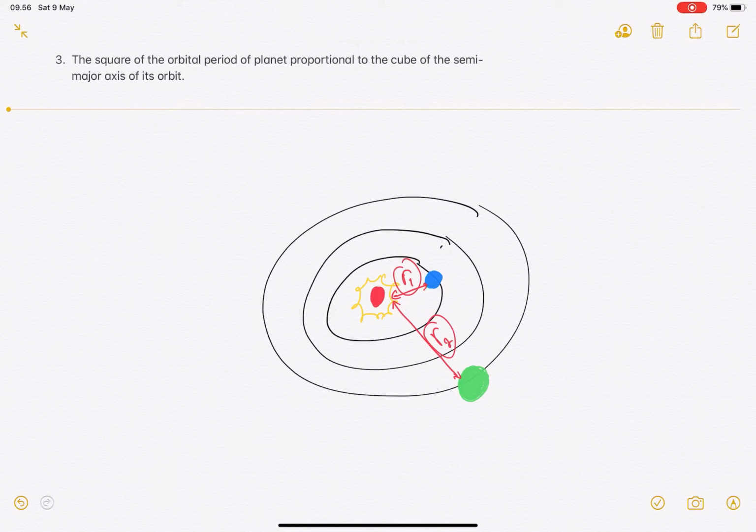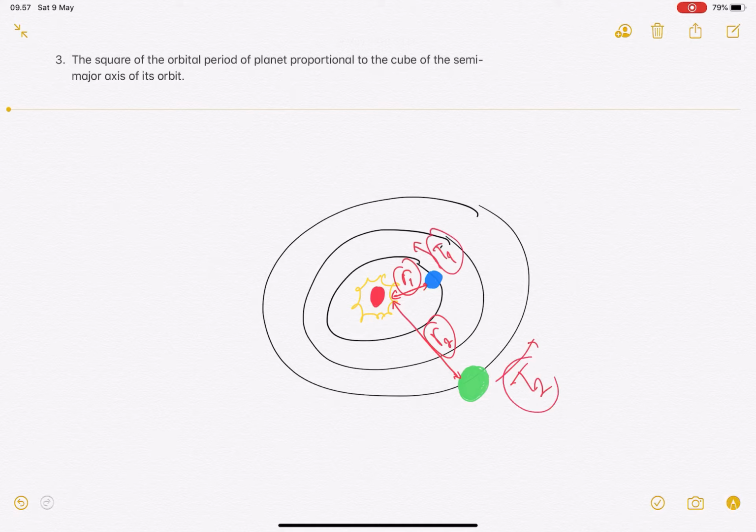When the planet goes around the sun it will have a particular period, and it is called T1. Here and here, T1 and T2. T, or period, is the time it takes to go around one loop for this planet. T1 is not equal to T2.